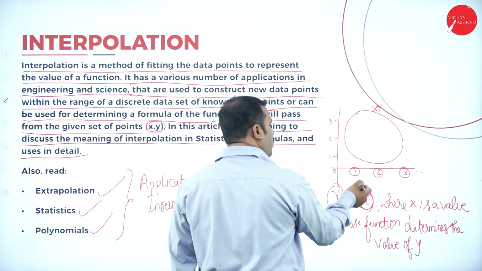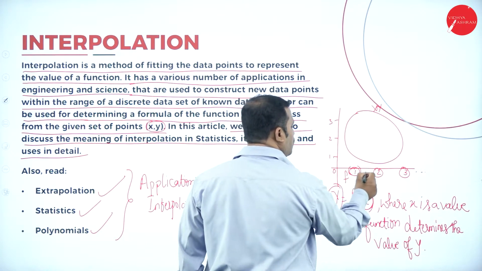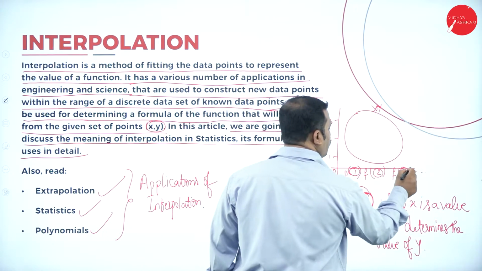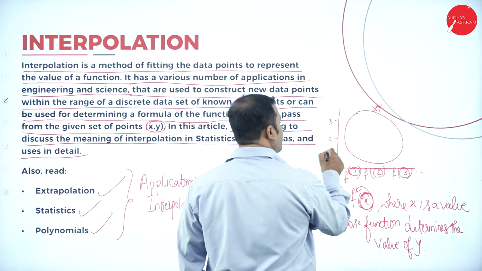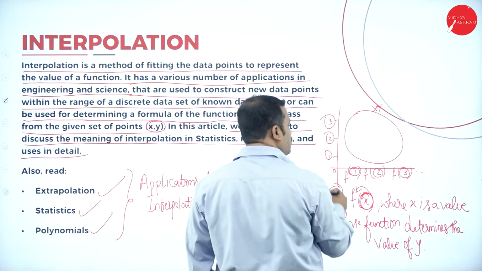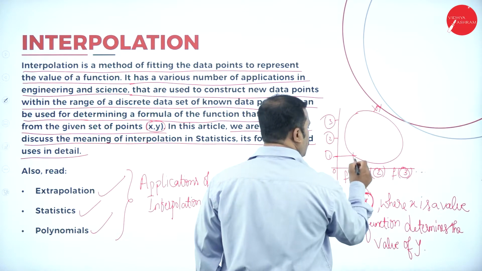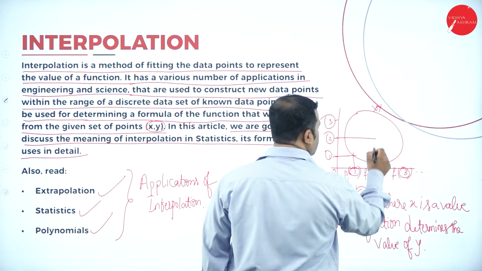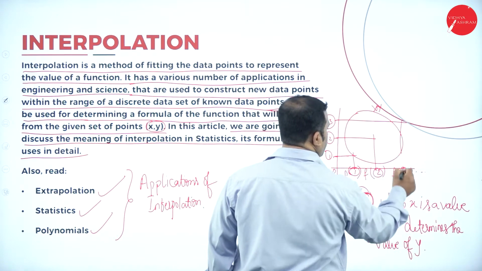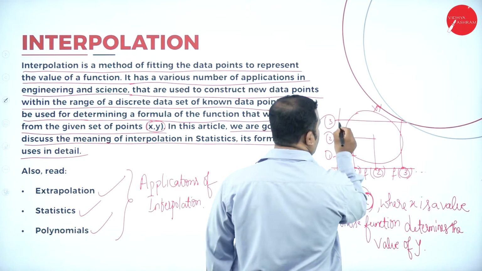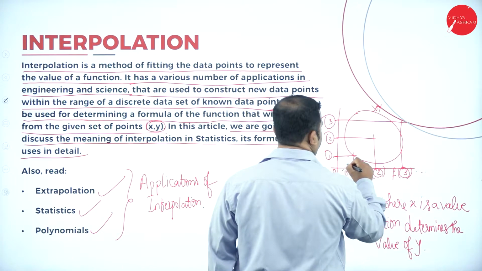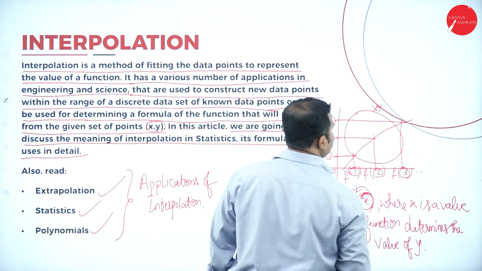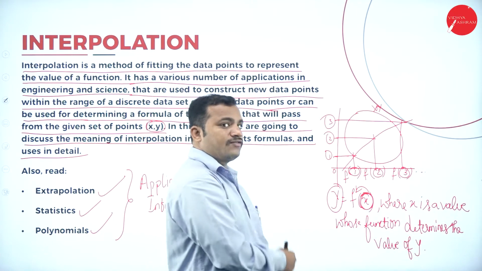By using the function f of 1, f of 2, f of 3, I am going to get the values of y. If I get the values of y, I will plot these points and I will get the points on the xy plane, like this. This may be one of the curves.